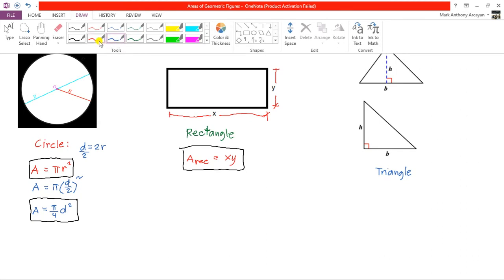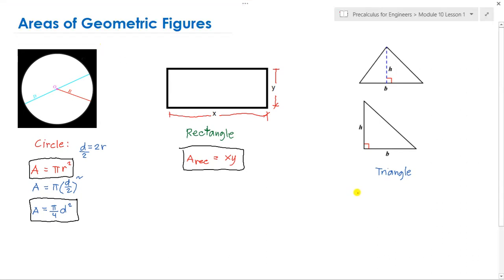For a triangle, the area is in terms of the base, which is the bottom side, and the height, which is from the top vertex down to the base and should be perpendicular to the base.